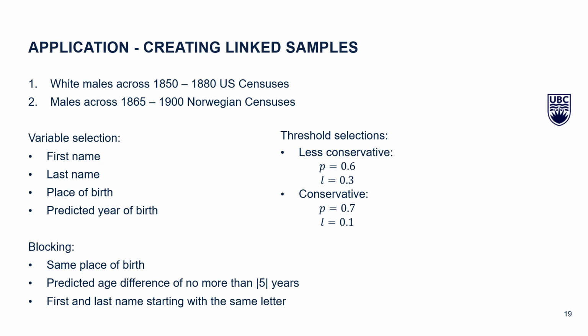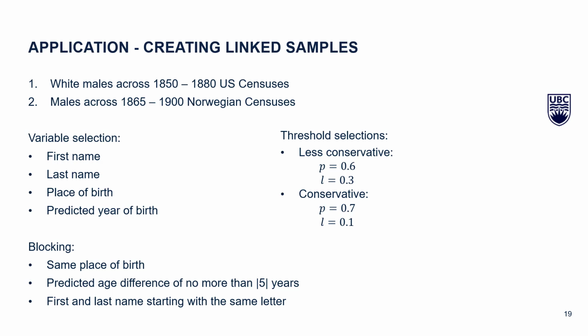For their variable selection, they chose to use the attributes first name, last name, place of birth, and predicted year of birth. They chose to block their data by only matching records where there was the same place of birth, the predicted age difference was no more than 5 years, and the first and last names had to start with the same letter.